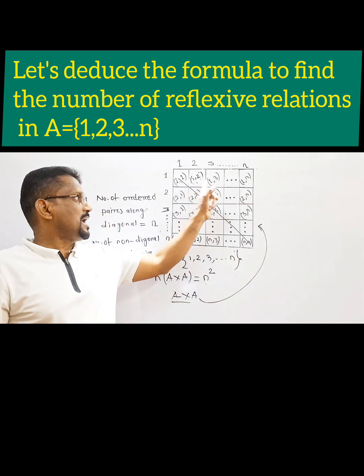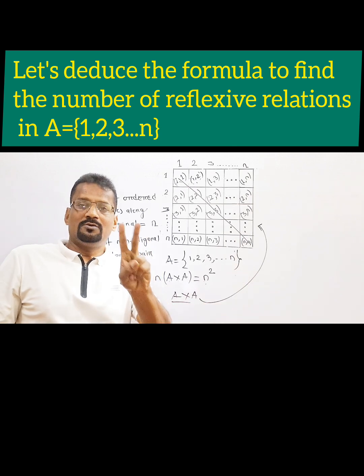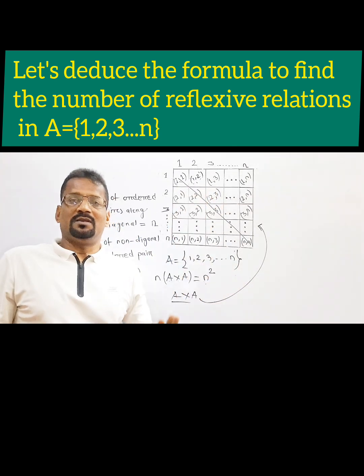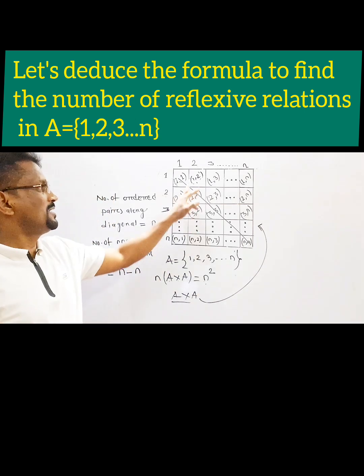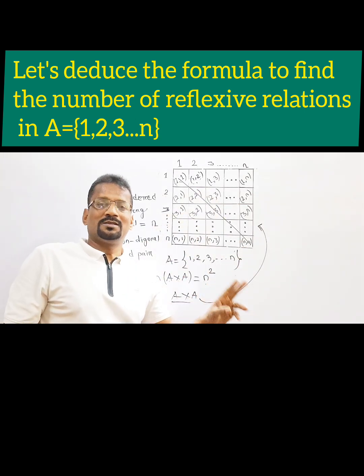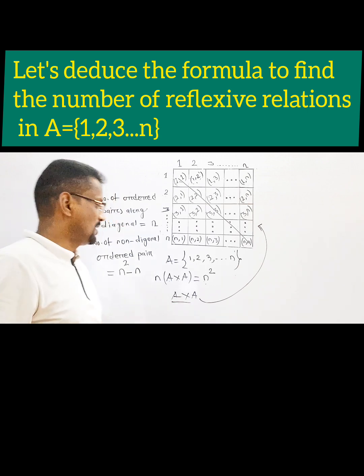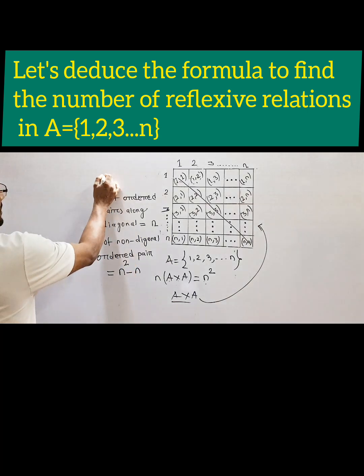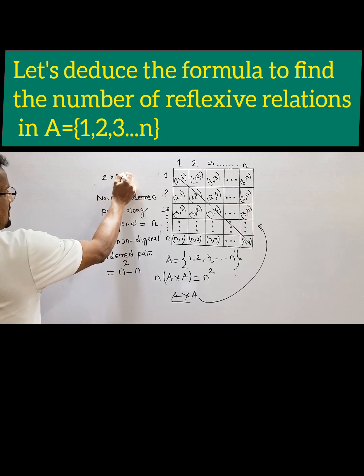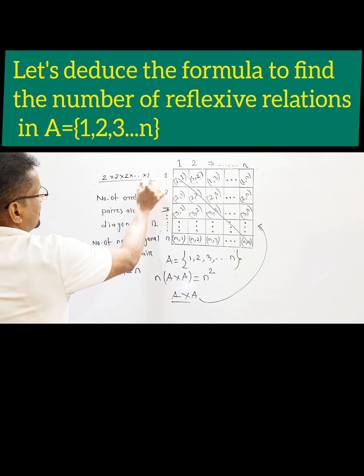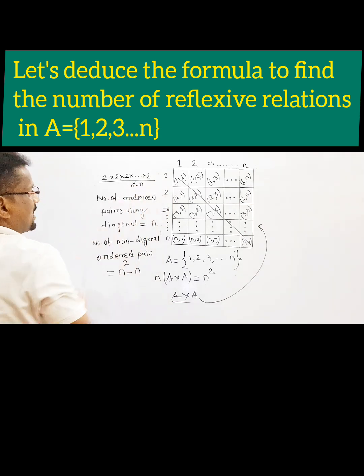So each and every entry has two choices: you may delete it or you may keep it. Total non-diagonal entries: n square minus n. It means each entry has two ways, into two ways, into two ways, and that way into two ways, n square minus n times.